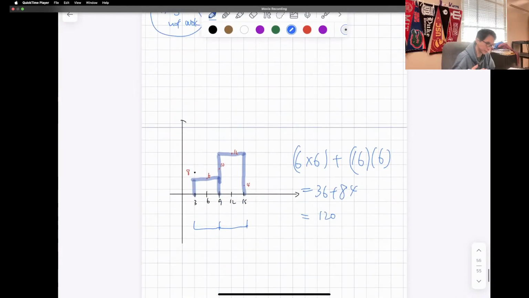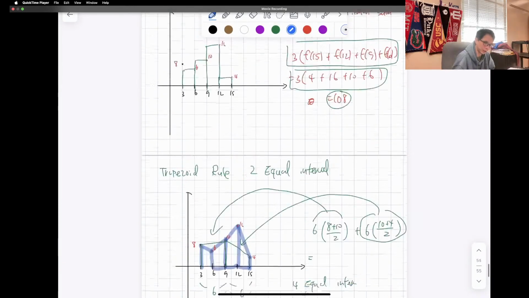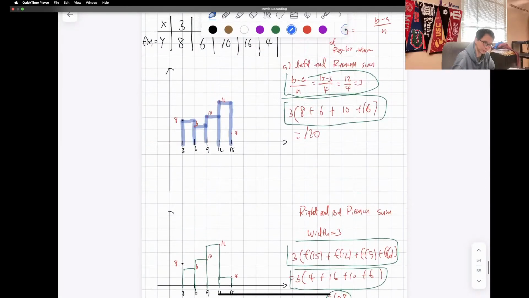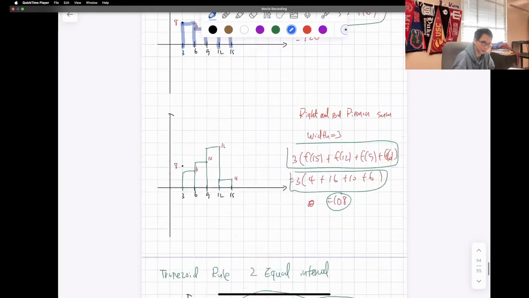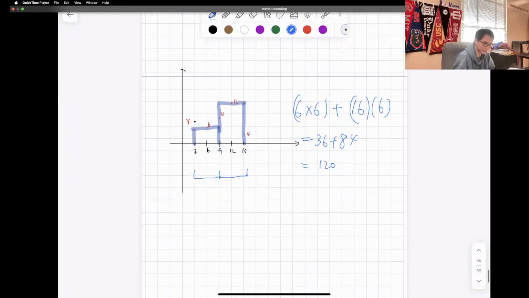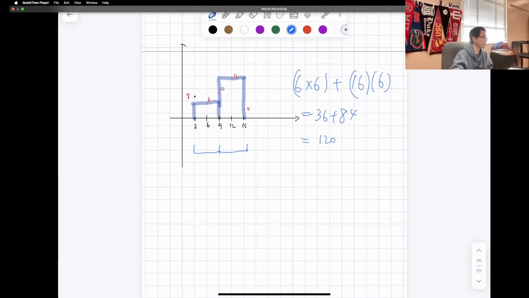So 120. It's a pretty good approximation, almost the same as the left endpoints, but every time it's going to be slightly different. It's supposed to be 96, not 84. 96, I'm sorry.